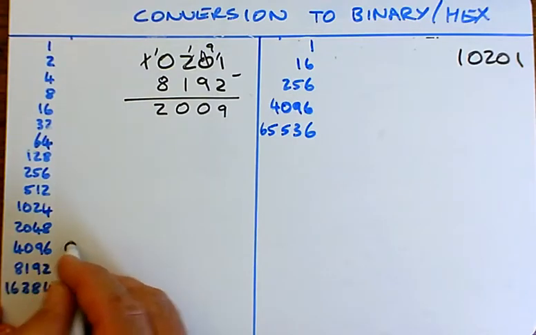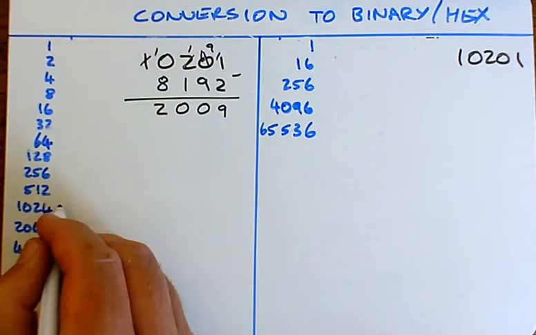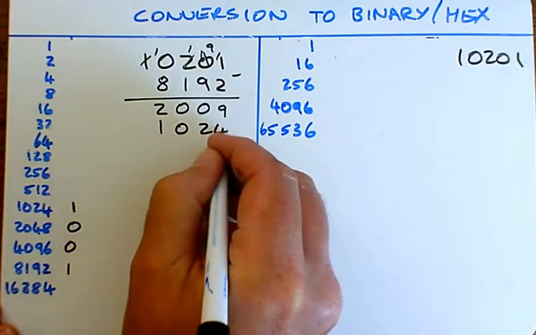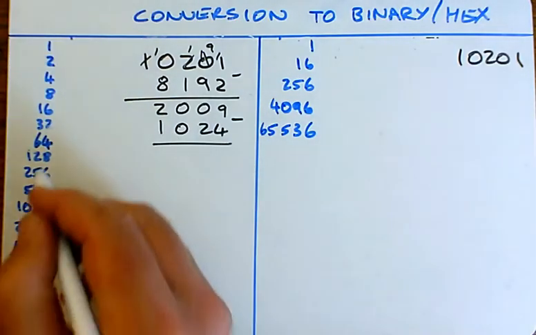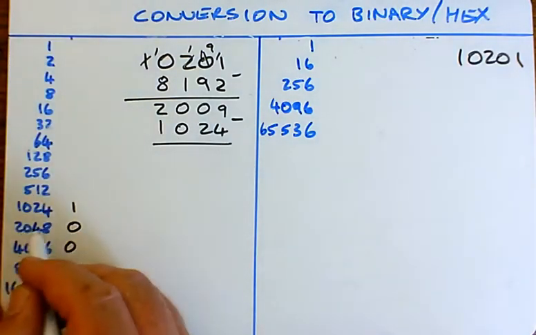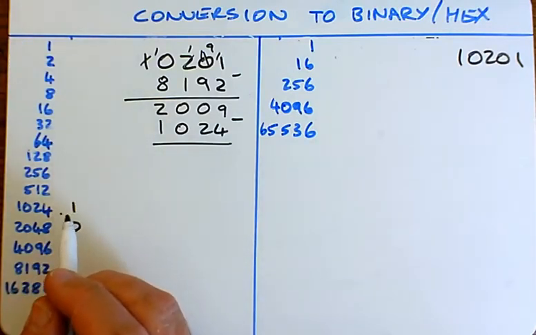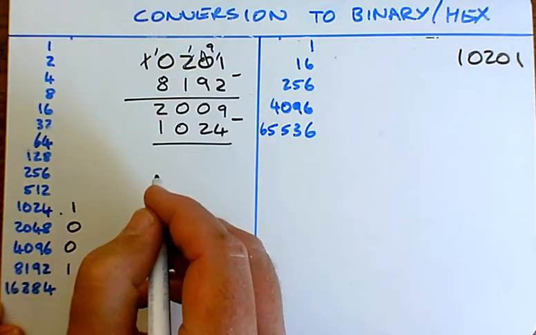So I'm not going to use any of those, but I am going to have a 1024. Okay, so with my 2009, I looked for the biggest number that would go into it again. So 1024. All right. Now I'm going to do the subtractions quite quickly here.